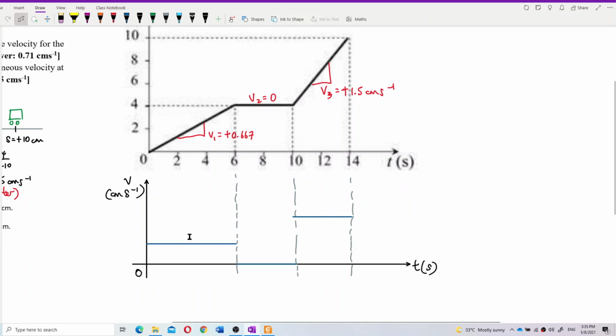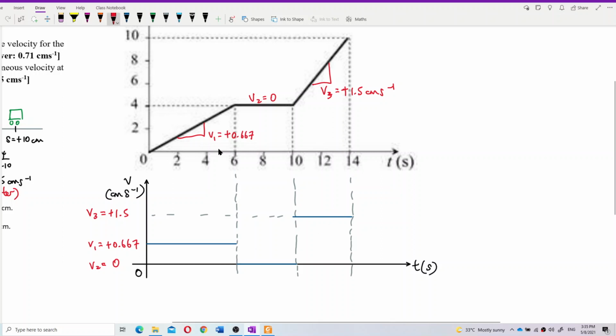So what's the value over here? This is the v1, which is positive 0.667 centimeter per second, and over here this is the v2, 0. And then here, I need to relate to this part. This is the v3, equal to positive 1.5 centimeter per second.